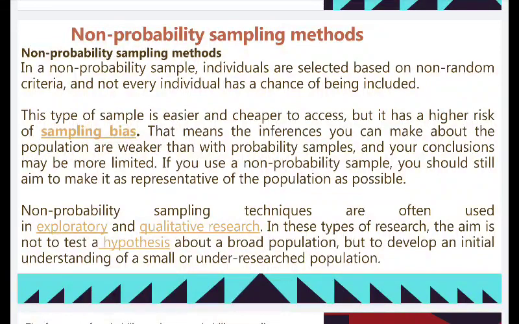Sa probability natin is quantitative talaga, by numbers talaga, kasi nare-represent niya talaga mostly. Dito, qualitative lang po. In this type of research, the aim is not to test a hypothesis about a broad population, but to develop an initial understanding. It's more on explaining the phenomenon, qualitative, of a small or under-researched population.